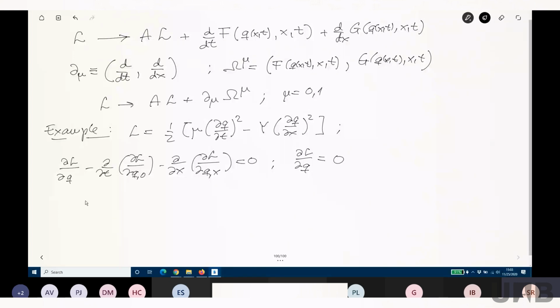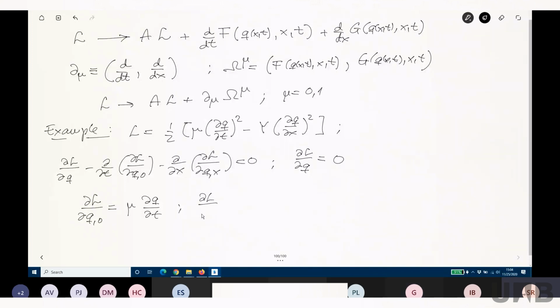Next, what is the derivative of L with respect to q,0? Mu q,0, right, mu dq/dt.